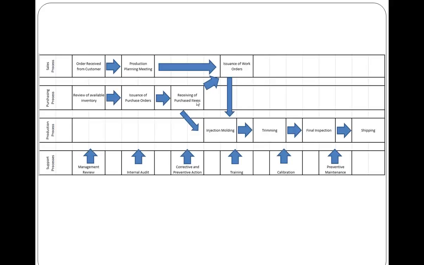But they do kind of meet up in the middle, so to speak, with purchased items being received, and that sort of enabling the issuance of work orders. Those 2 items then in turn meet down here on production, where we start with injection molding. And then injection molding takes us all the way through to the last step, which is shipping. And then once again, of course, we see our support processes down here kind of lending support to the larger picture.